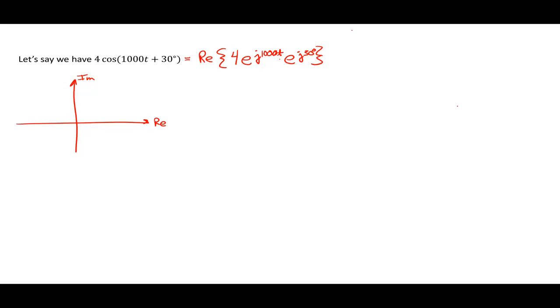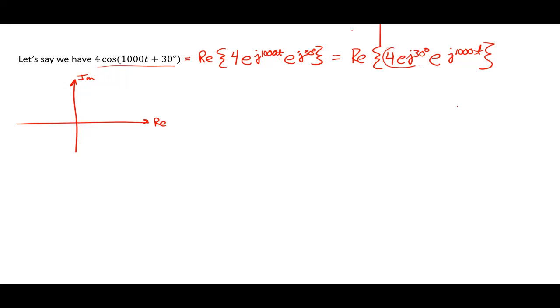If you expand that, you would see the real part of that expression was exactly that cosine expression. Now I'm going to write that a little bit differently. I'm going to move some things around here. I'm going to write this as 4 e to the j 30 degrees times e to the j 1000t.